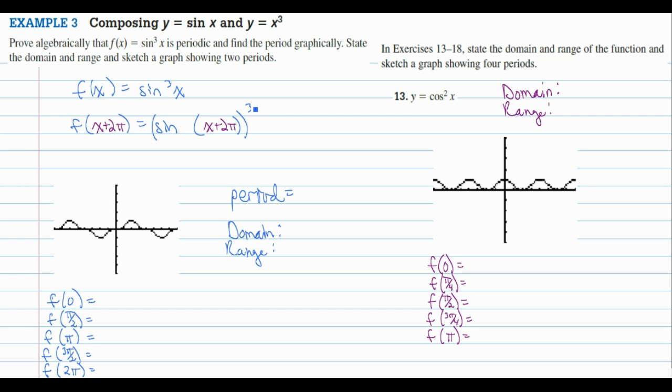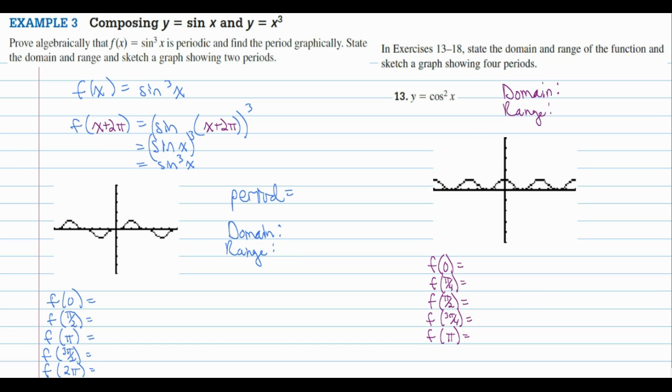If I change the cube to the outside, it's easier to see that we are dealing with, in fact, just the sine of x plus 2 pi, which, because sine is periodic, has the same value as the sine of x. So I do in fact end up with the same y value as the original function when I plug in that same x value 2 pi later.